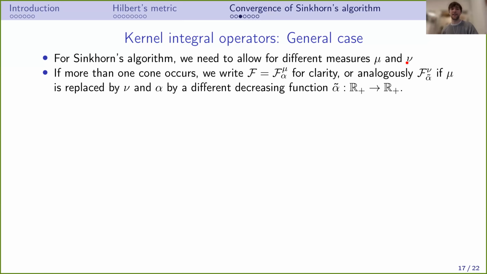So we actually need a slightly stronger result regarding these kernel integral operators. To this end, I want to introduce the notation that this set F, if it's defined as previously, is just written as F mu alpha, or analogously, we write it with the indices nu and alpha tilde if some other measure or some other growth function is used.